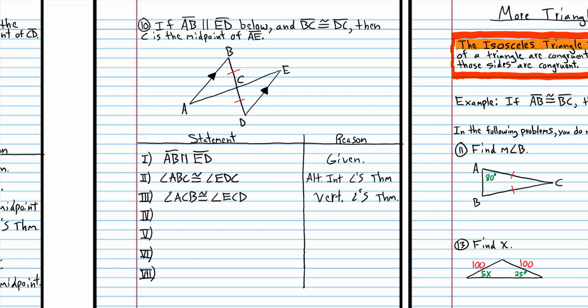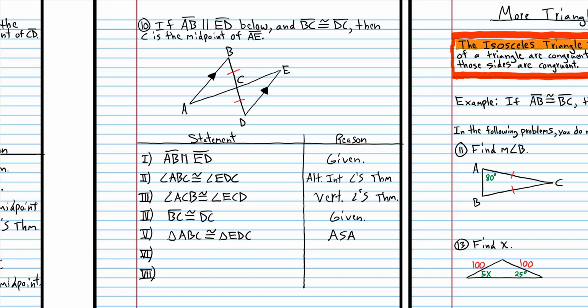I haven't said that we need to say BC is congruent to DC. That's given information. So now we can use ASA to say that triangle ABC is congruent to triangle EDC by the ASA postulate.